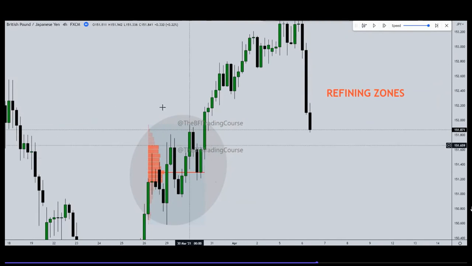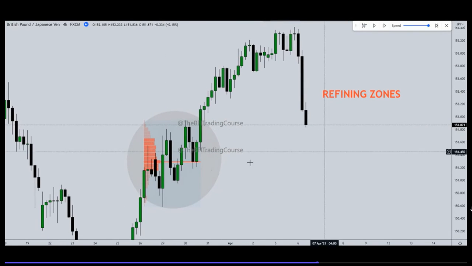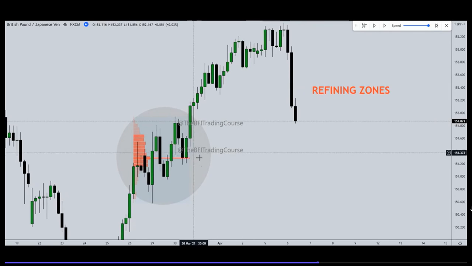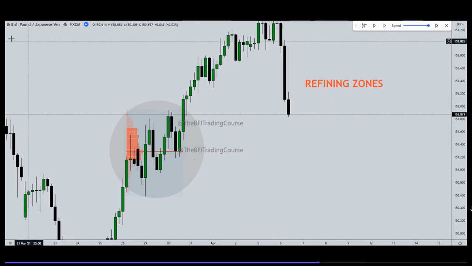So here we are, and instead of drawing multiple zones, you can do that, but you can also use one zone and use the volume to refine the zone.